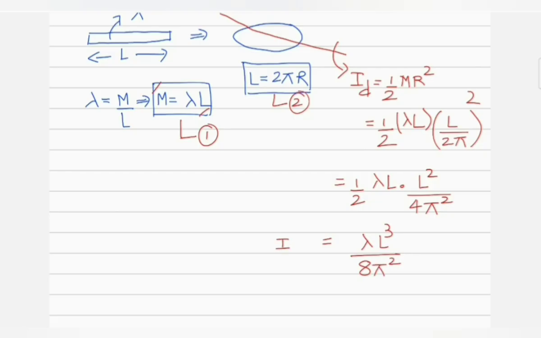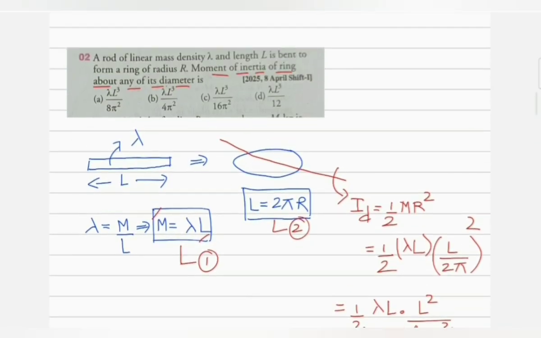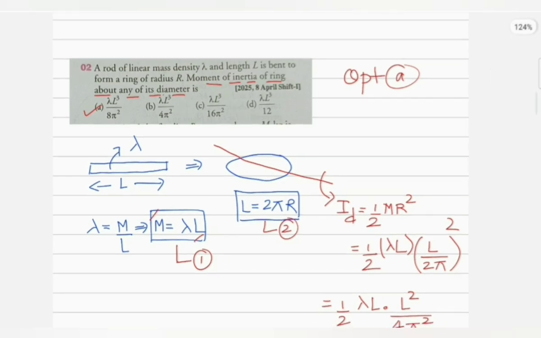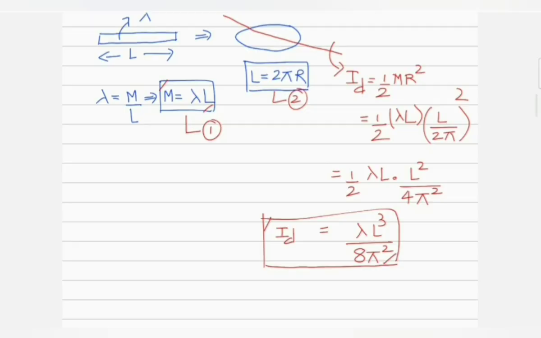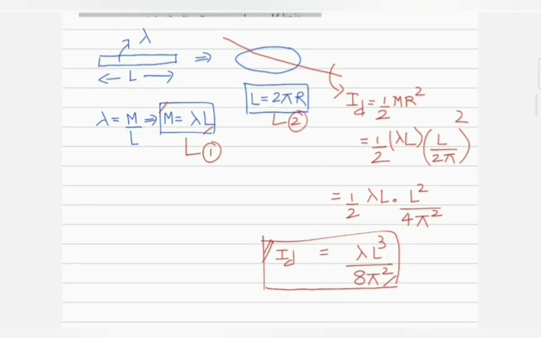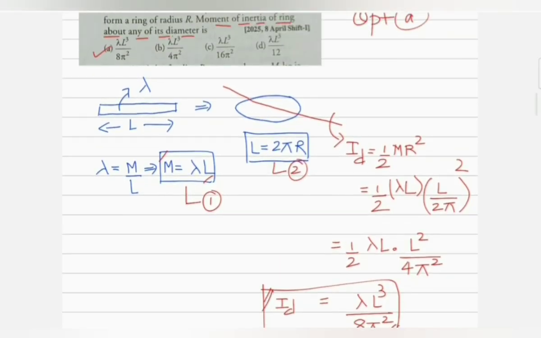So the correct answer is ID for the ring, moment of inertia along one of the diameters of the ring, ID equals lambda L cube divided by 8 pi square. So this is going to match with, students, option A. Alright, complete this numerical. Lambda L cube divided by 8 pi square. Okay, easy था आपके लिए, right?